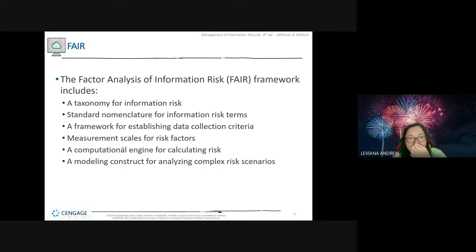Measurement scales for risk factor, high impact, low impact, 1 to 7 scale, okay, Likert scale. A computational engine for calculating the risk, so they will calculate the risk for the organization. And then a modeling construct for analyzing complex risk scenario.